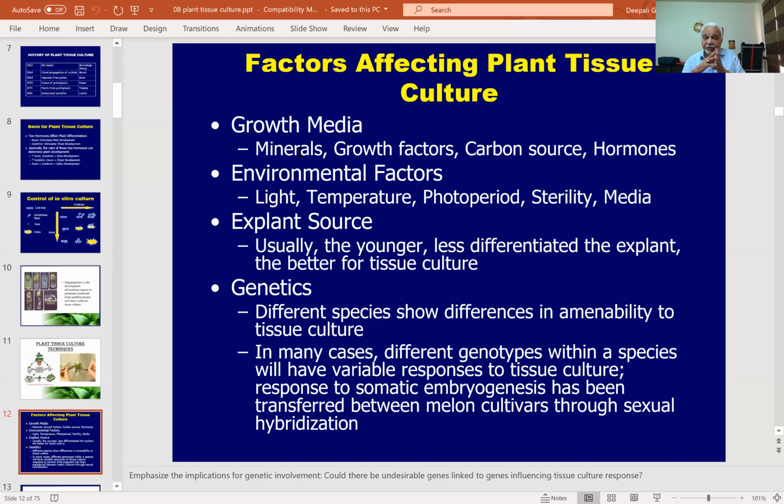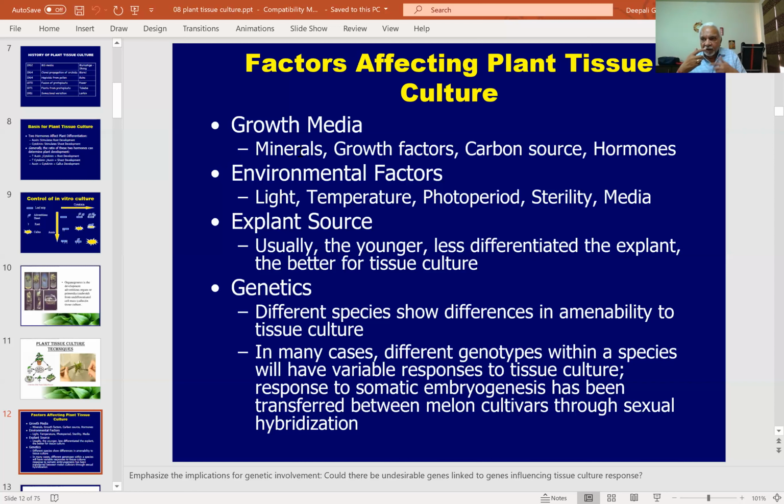But theoretically, as I mentioned, each and every somatic cell is capable of regenerating into a whole plant, but that doesn't happen practically. So these are the factors which play an important role, that younger explants show better regeneration as compared to the mature and the older plants.